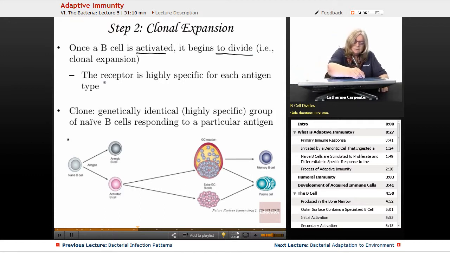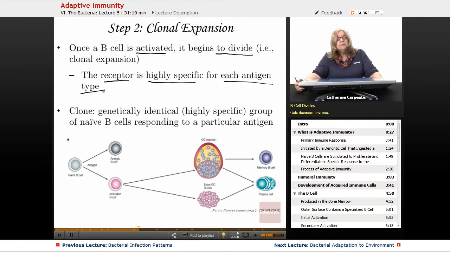So that receptor becomes highly specific for each antigen type, and for the particular antigen of the pathogen that's invaded, that's the shape that gets replicated, or that the cell with that shape ends up getting replicated, and it gets replicated and it gets replicated.